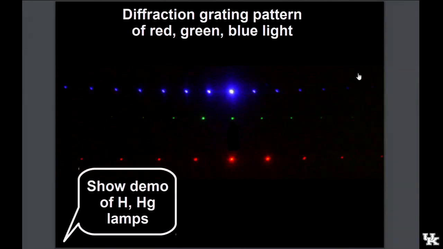So that's a very, very special occurrence, because in general, the path to the screen from all the individual slits would be all sorts of odd fractions of wavelengths. But there's certain special locations on the screen where the path to that location from every slit is a whole number of wavelengths.